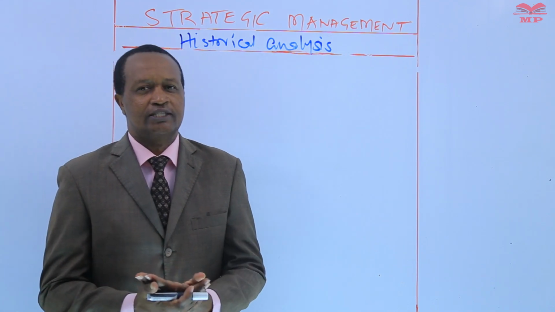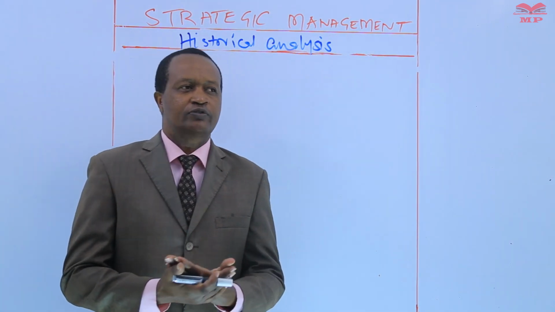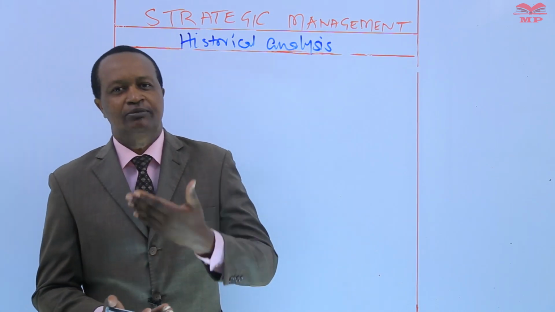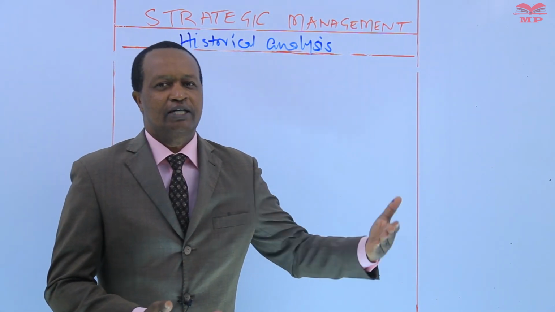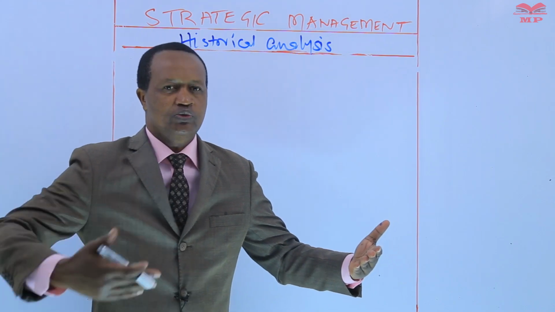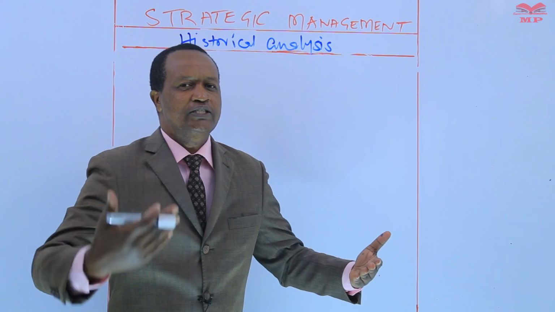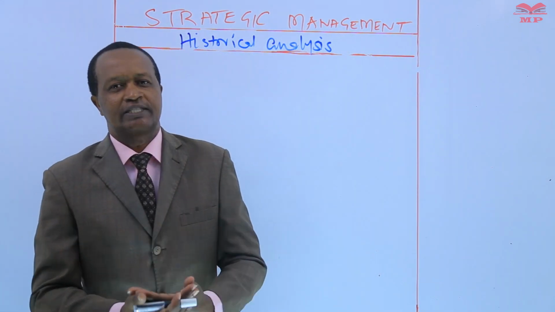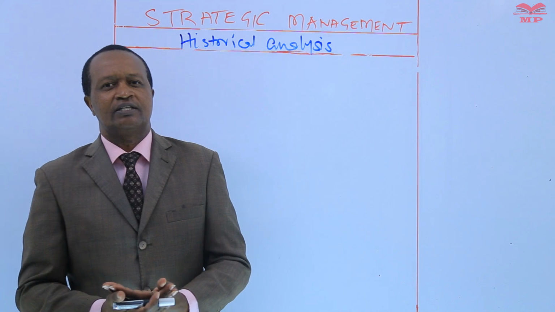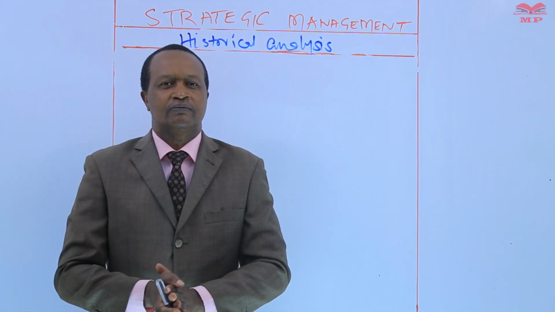Historical analysis in the context of an organization involves a systematic examination of its past to gain a deeper understanding of its evolution, of its decision-making processes, and also to understand the factors that have shaped its present state.